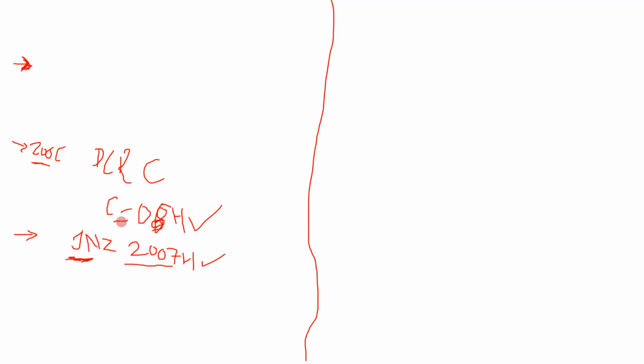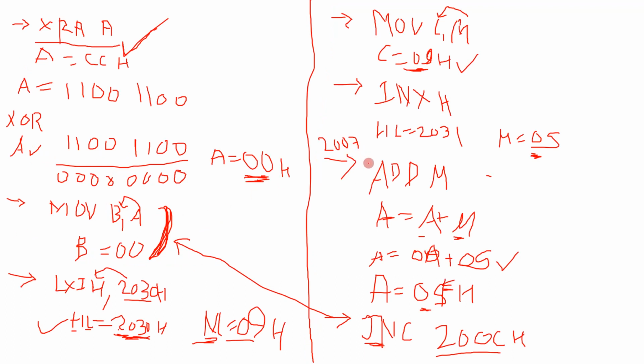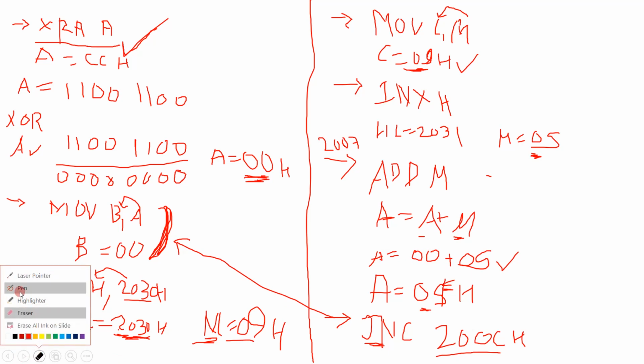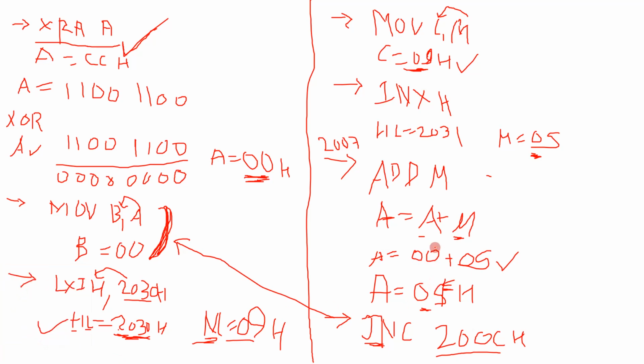Jump on not 0. Now is C equal to 0? No. So jump on not 0, condition satisfied. Again it will jump back to 2007. At location 2007 there is ADD M, which means A is equal to A plus M. What is there in A? There is 0F. So 0F plus 05, because M is still 05.